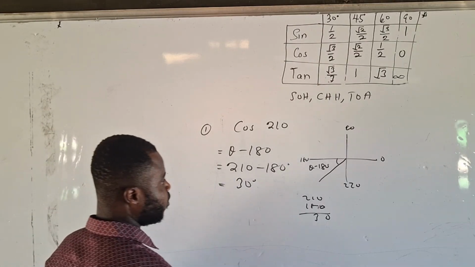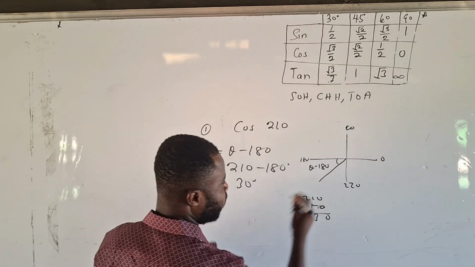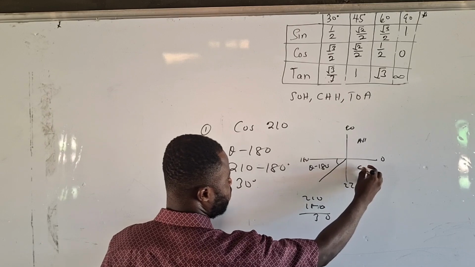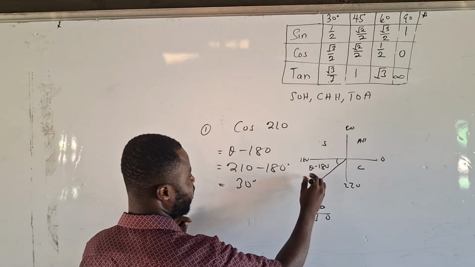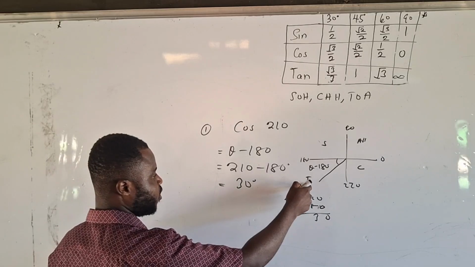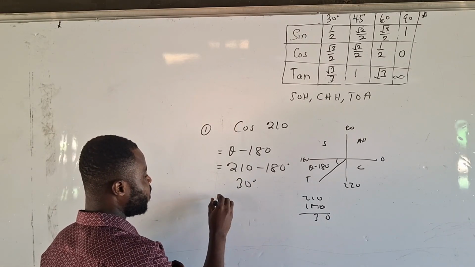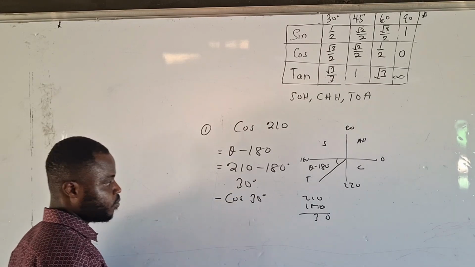Now, let's look here. We have to know that in the first quadrant all the angles are positive. Only cos is positive here, then here only sine is positive, and here only tan is positive. Then it means that the 30 degrees is going to be negative cos 30 degrees.